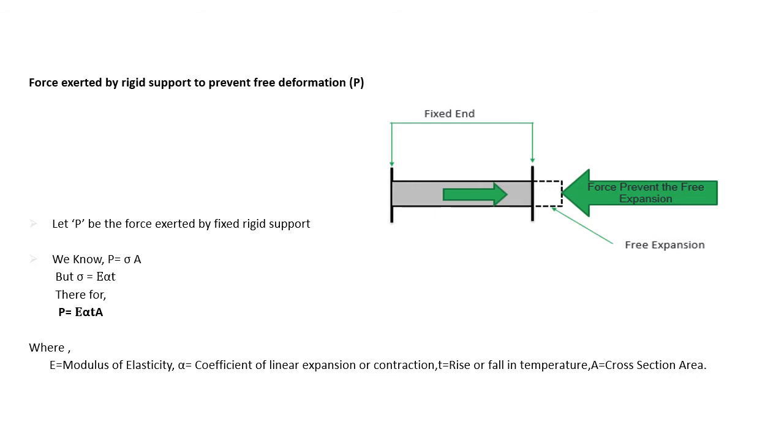We know the formula P is equal to stress into cross-sectional area, but we already learned in previous slide stress is equal to E into alpha T. By putting this value in above equation, we get the final formula, that is P is equal to E into alpha into T into A, where E is the modulus of elasticity, alpha is the coefficient of linear expansion or contraction, T is the rise or fall in temperature, and A is the cross-sectional area.